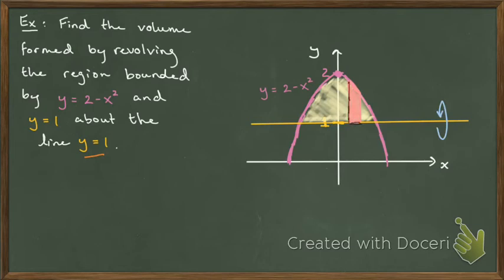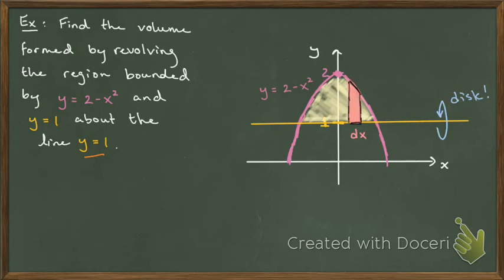And that slice, I'm going to be revolving about the line y equals 1. When I revolve that slice, I'm still going to get a disk, okay? I'm not revolving around the x-axis. I'm revolving around the line y equals 1. That slice has a thickness dx and a height that's a little bit tricky to find.